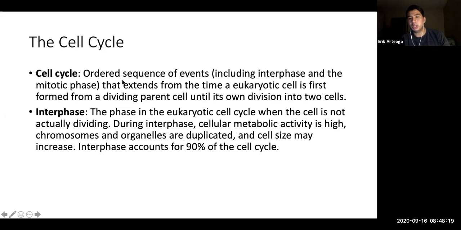So we do have check systems. Interphase is going to be the majority of the time spent, 90% of the time, and then 10% of the time, that cell will be dividing.